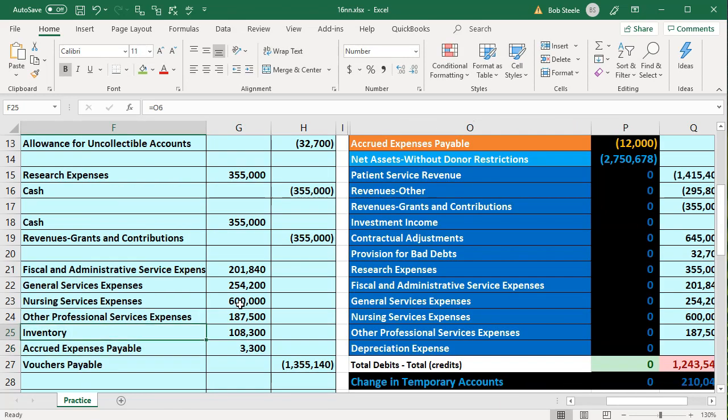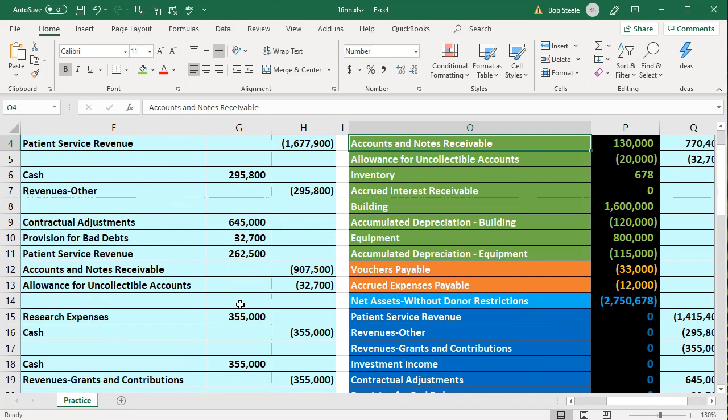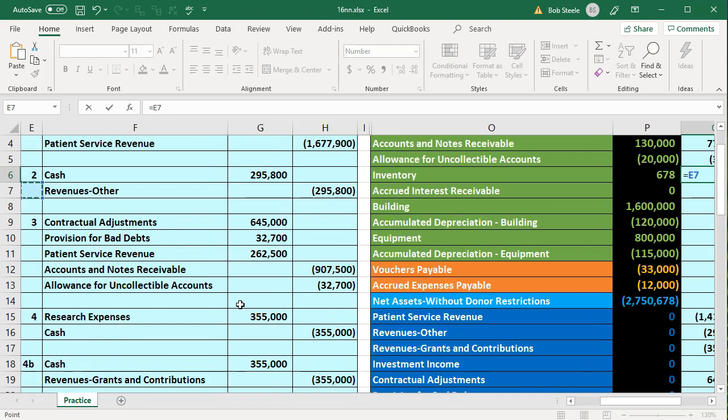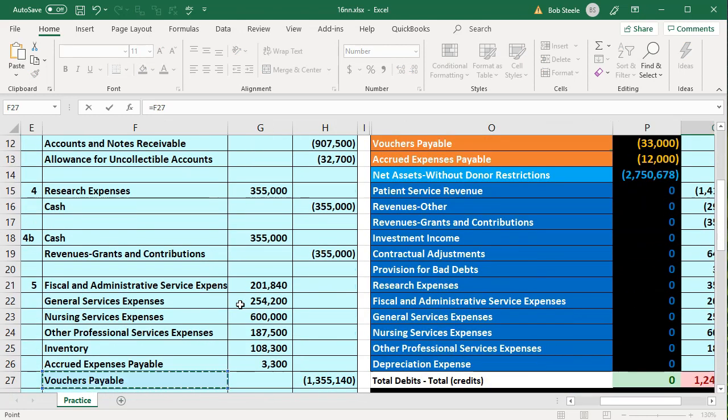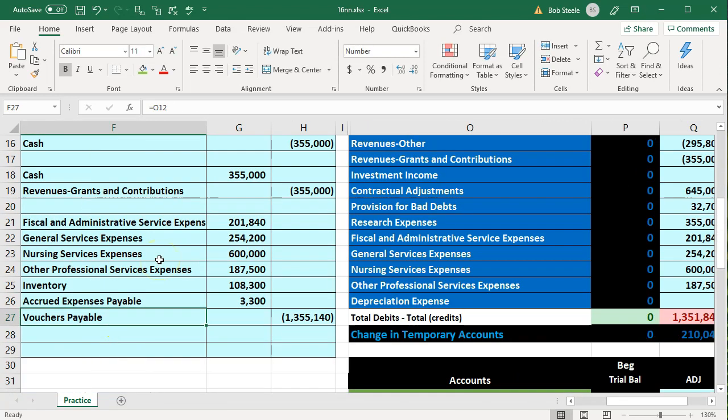And then we have the inventory. So that's going to be an asset type of account. So we'll scroll back up and pick up the asset type of account. And that's going to be in Q6, where we will say equals, scroll back down to the inventory. And that's going to be the 108,300. And then we have the accrued expenses payable.